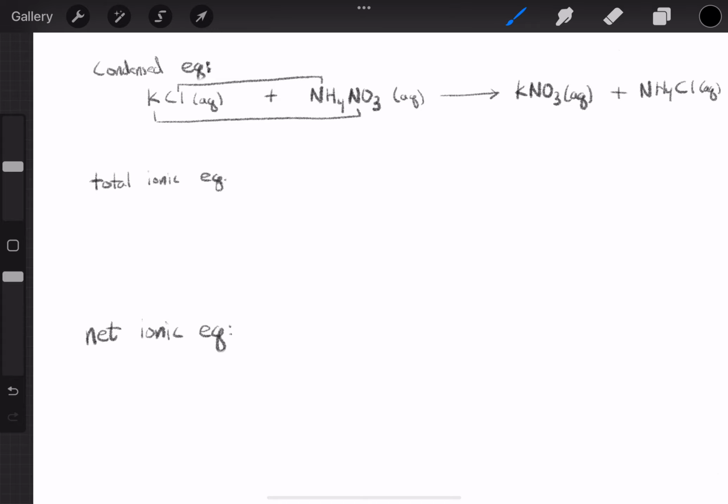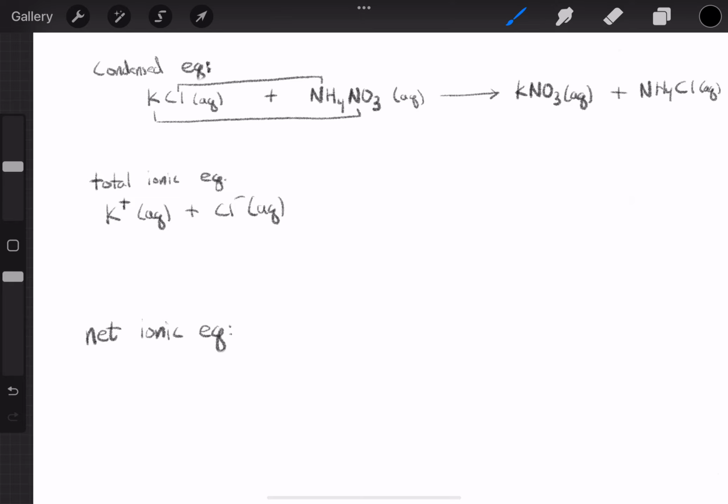as our products. Okay, now let's see what the total ionic equation should be. So we know potassium chloride is aqueous, so it should be soluble, plus ammonium nitrate. But first, let's double check if it's balanced. We have 1 potassium, 1 nitrate, 1 nitrate, 1 ammonium, 1 chlorine atom.